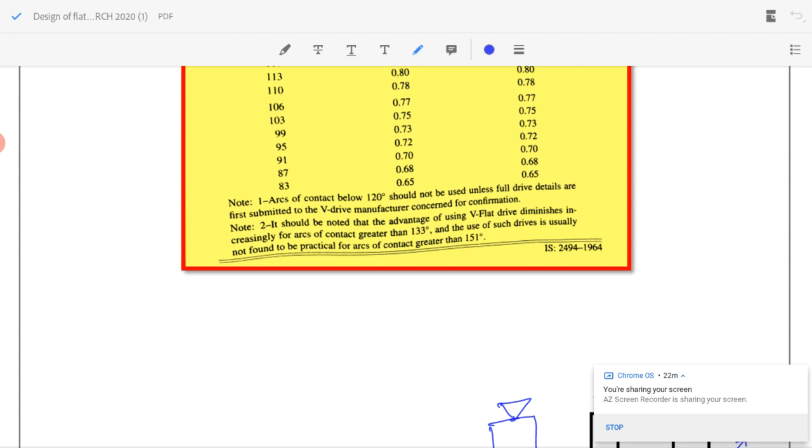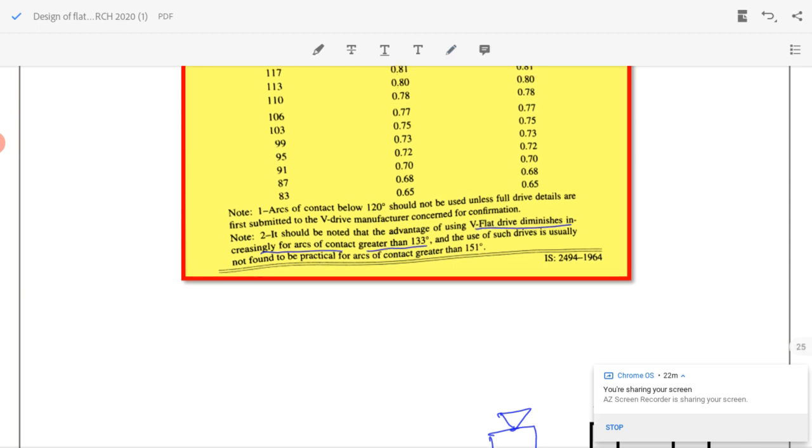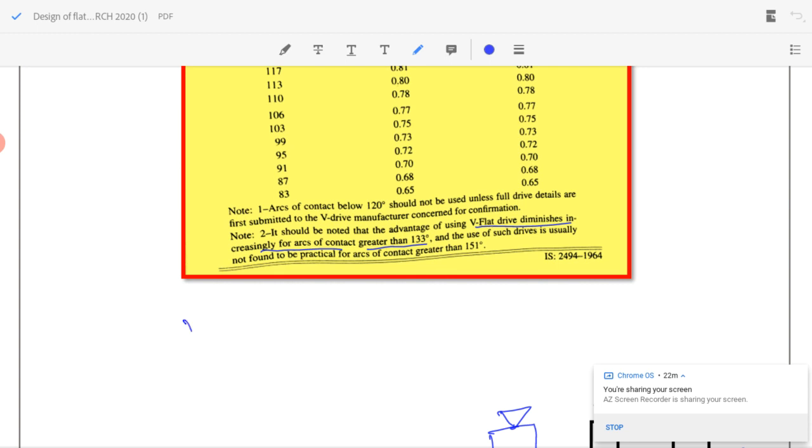It should be noted that the advantage of V flat diminishes increasingly for arc of contact greater than 133 degrees. So V flat is best suited for arc of contact less than 133 degrees, whereas VV can be used for higher values. For greater than 133 degrees, I can use VV.